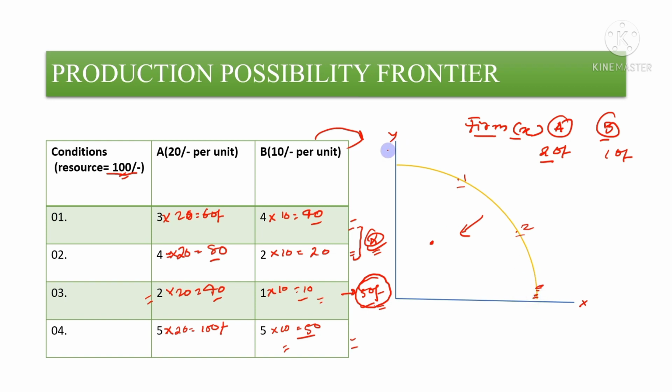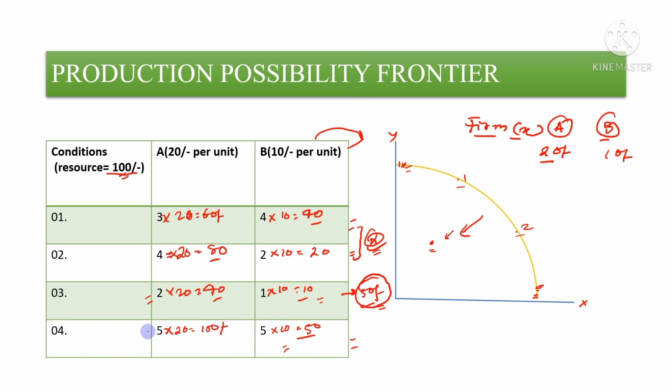And if they are demanding higher units of product B, the graph will shift towards this end. And if it is a market instability condition like in the pandemic time, these points will shift inward.